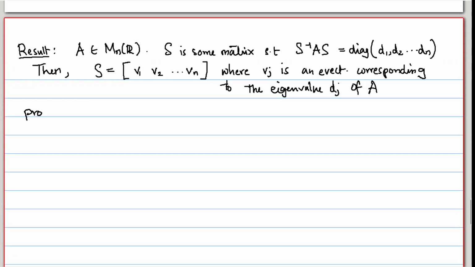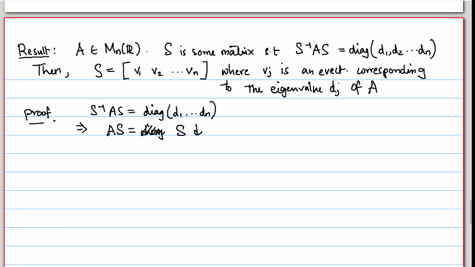So, the proof would be like this. From here you can say that AS will be equal to S times diagonal of D1 up to Dn.